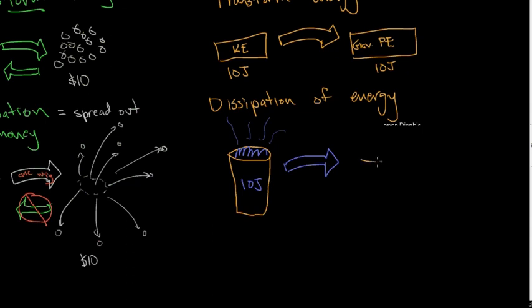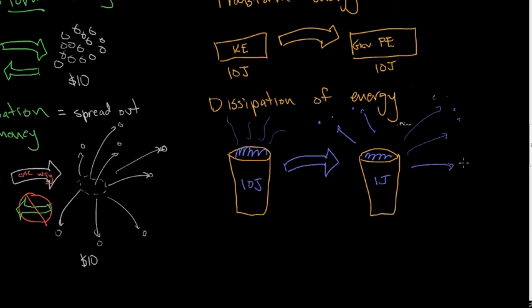And so now the cup, instead of having hot water, is going to have water that is cooled down. It's colder water. Maybe it has only 1 joule left. And all that energy has spread out to the different air molecules, different bits of air in the room. And now if you could go and count how much energy you added to the room, guess how much there would be. Altogether, the energy in the room plus the water is still going to be that same 10 joules.